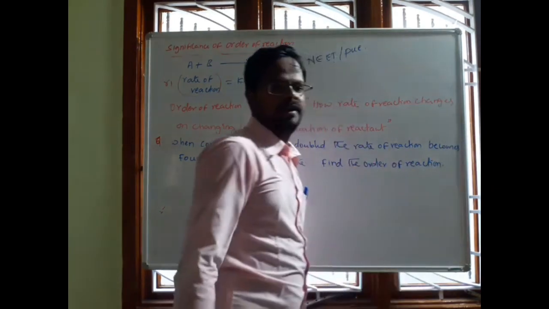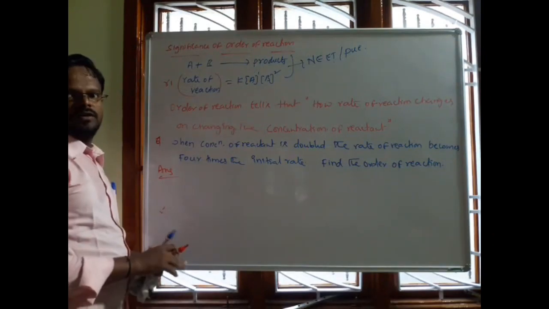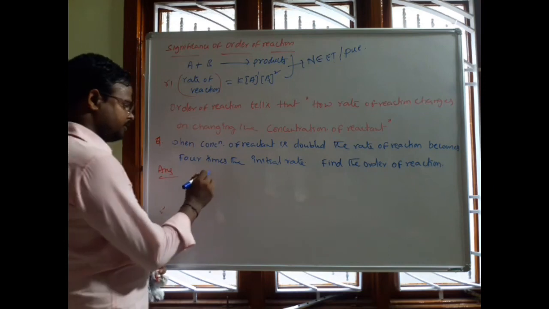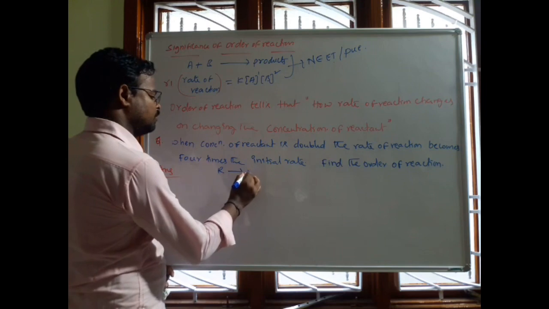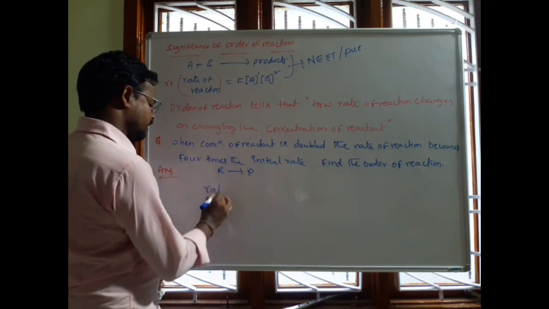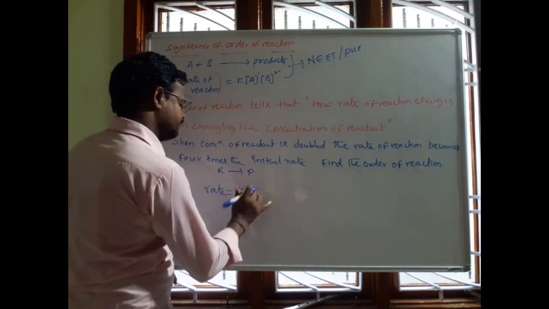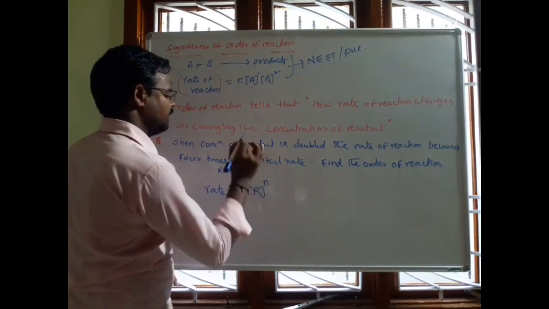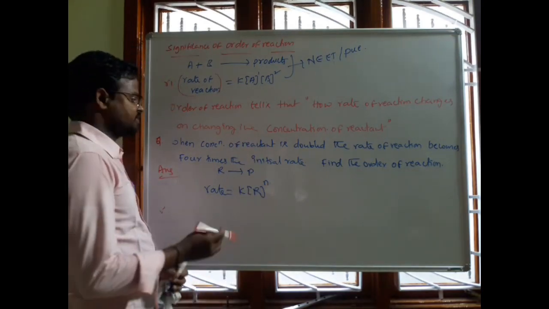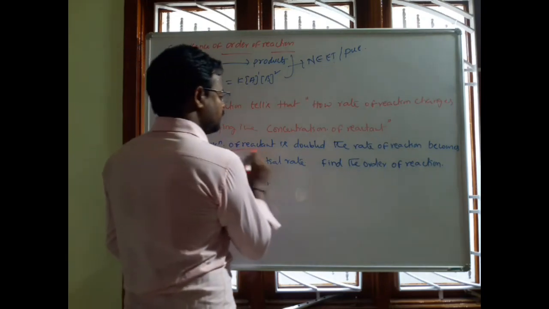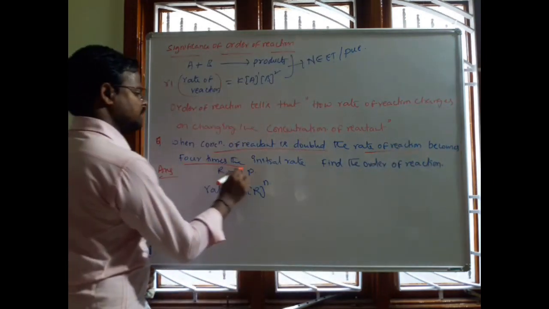To solve this problem, first of all we have to assume a general reaction. Reactant R gives products. For this, the rate law expression is rate equals K into concentration of reactant R power N. Now, observe the given statement: when the concentration of reactant is doubled, the rate of reaction becomes 4 times the initial rate.